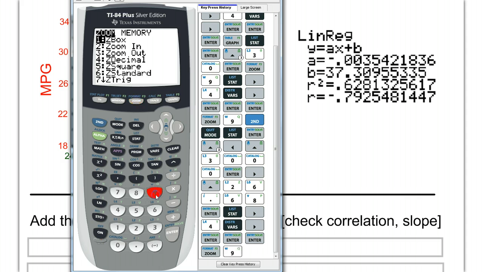Let's do Zoom 9. The new data value that we added falls exactly on the line. Whenever you add a new point that falls exactly on the line, that's going to improve the correlation, because the correlation is how well do things fit the line, how well do things fit the linear pattern. So the more points that you add right on the line, the more you're going to improve your value for R.